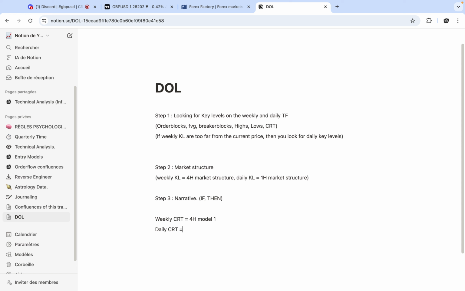Daily CRT equals 1 hour model 1. 4 hour CRT equals 15-minute model 1. 1 hour CRT equals 5-minute model 1.